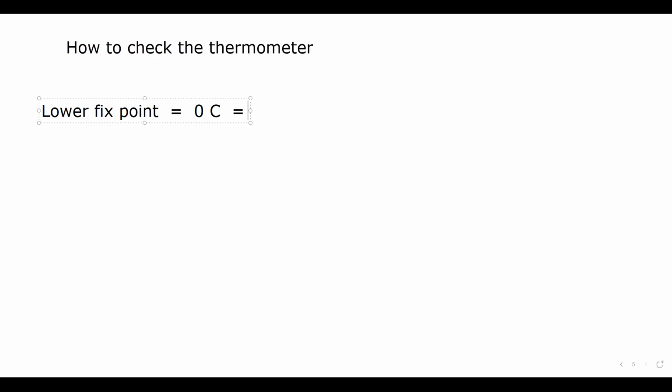And how can we get 0 degree centigrade? That is the temperature of pure melting ice. So the 0 degree mark on the thermometer refers to the lower fixed point.